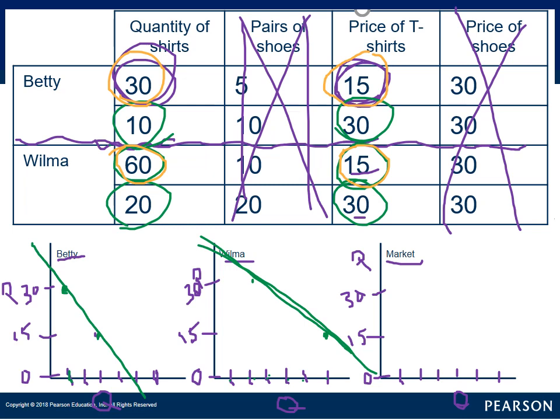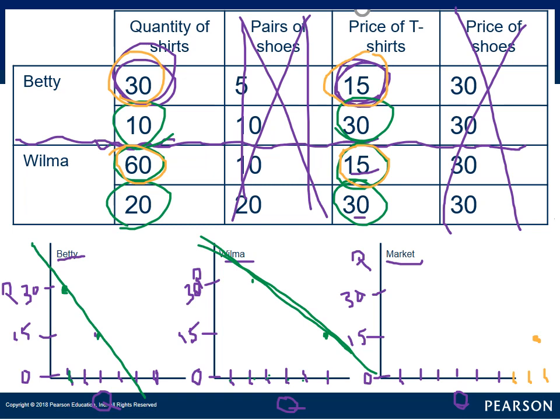So that would make a total of 90 shirts that are in demand at that level. So we're actually going to have to add some lines here. So we were at 60, 70, 80, 90. So 90 shirts at the $15 price range.